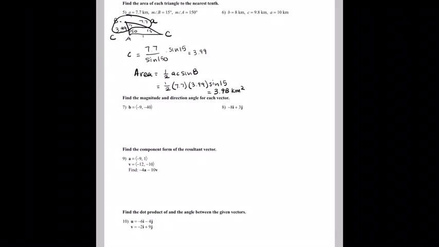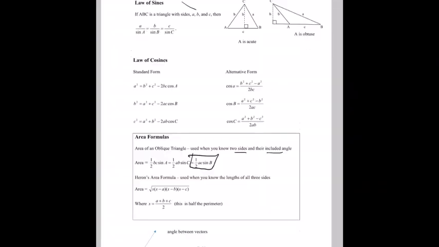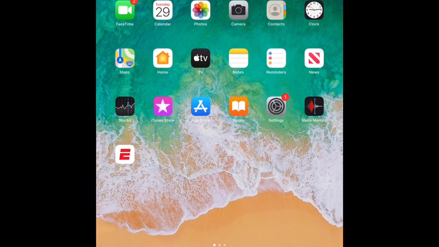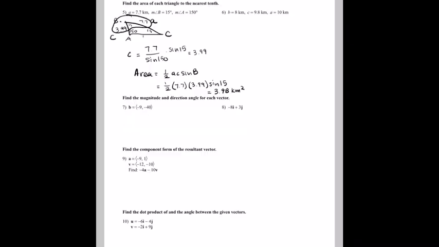Now for question 6, we have 3 sides of a triangle given. So we can use Heron's area formula. First we need to know the value of S, which is half the perimeter, called the semi-perimeter. Then you apply that into the formula. First thing is to add all 3 sides and then divide by 2.